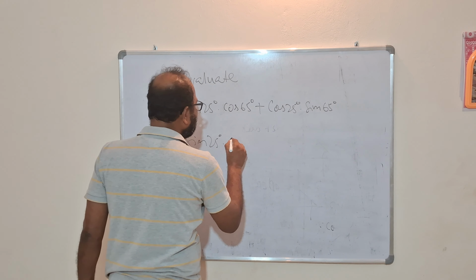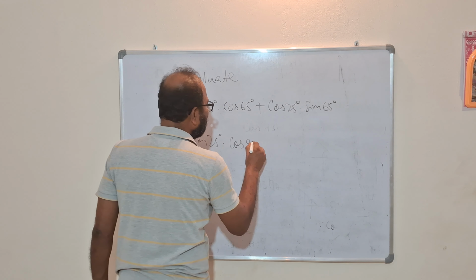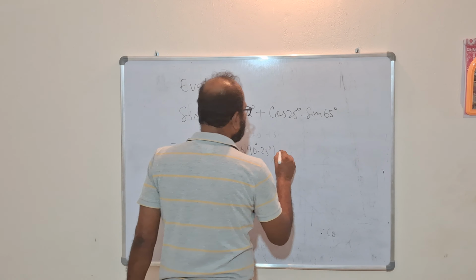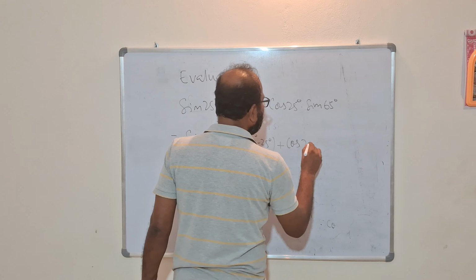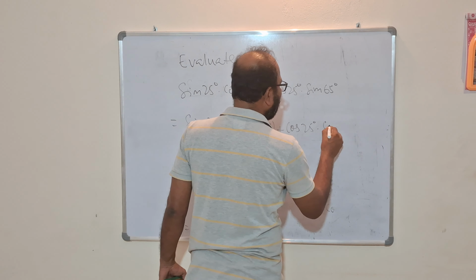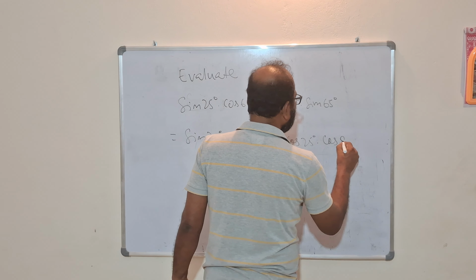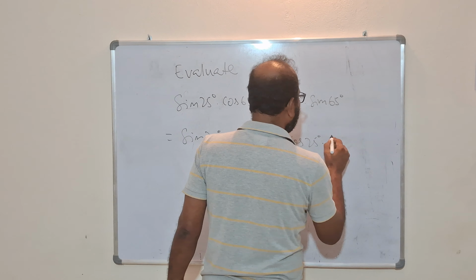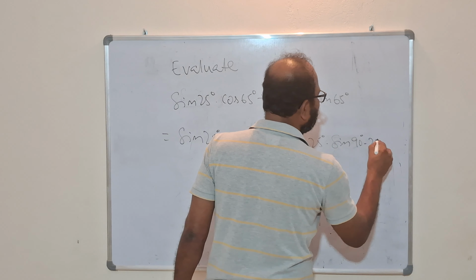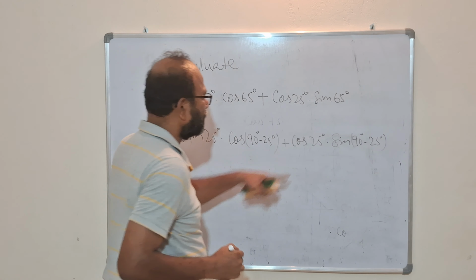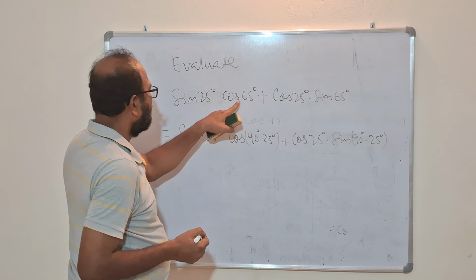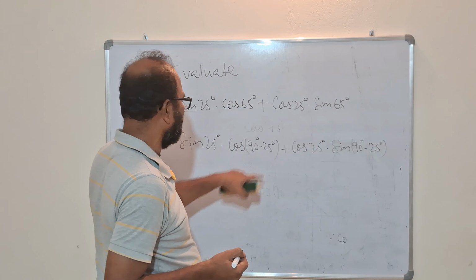Cos 65 means cos of 90 degree minus 25 degree we can write, plus cos 25 degree into sin 65, so you will write sin of 90 degree minus 25 degree. So 65 means 90 minus 25. Here 65 is converted to 90 minus 25.